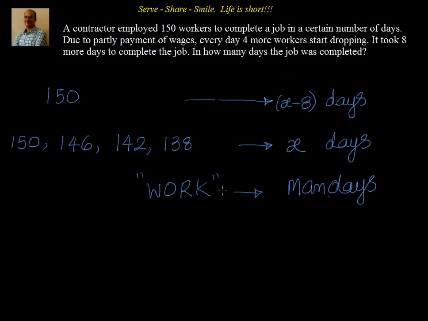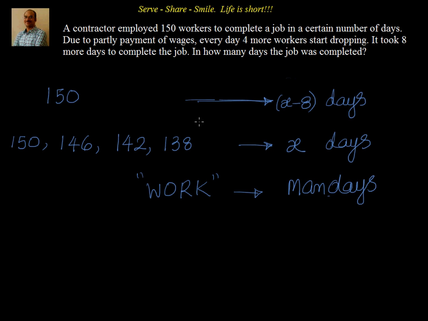Since the work done by each person every day is the same, it boils down to the number of workers in the first scenario and the second scenario being the same. Suppose the activity is a simple activity like painting, where you don't need skills and there is no dependency between the activities.